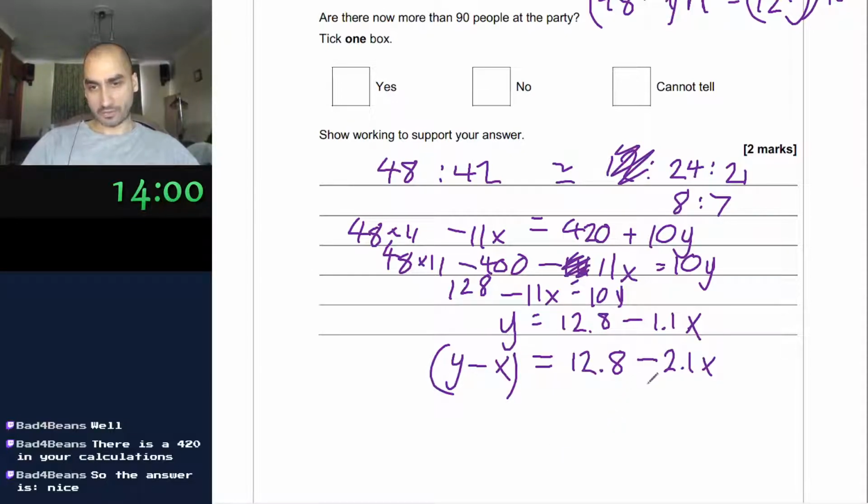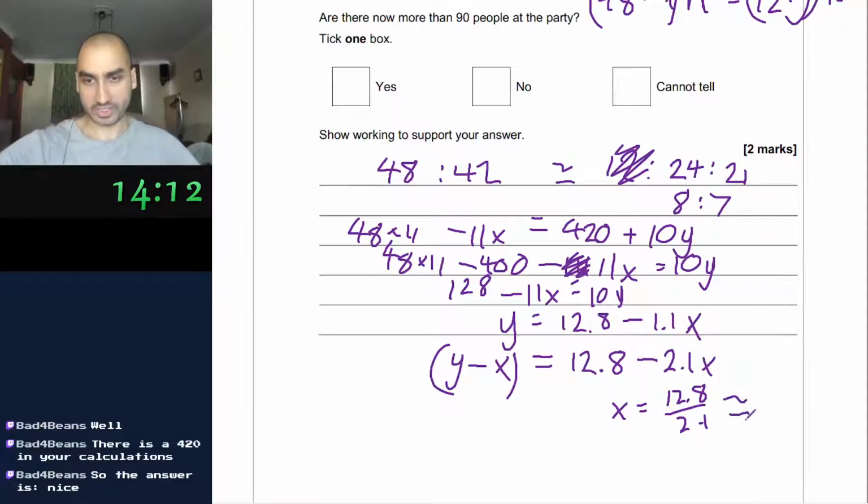Well, for it to be 0, we would need x equals 12.8 over 2.1. Which is what? I'm spending too long on this question, aren't I?